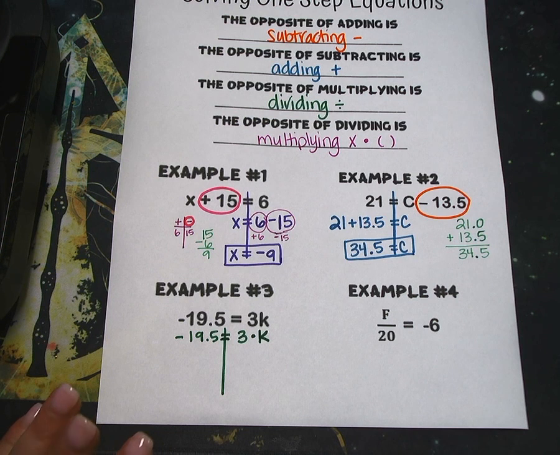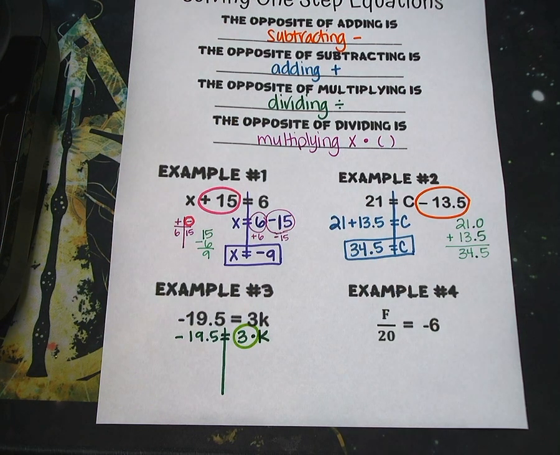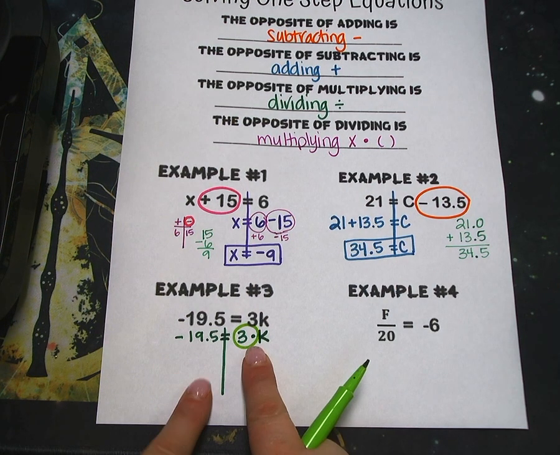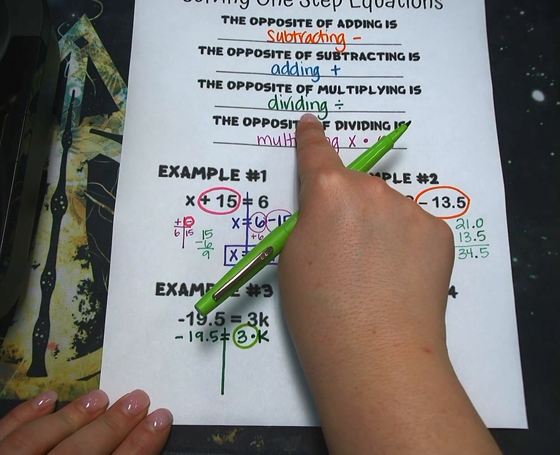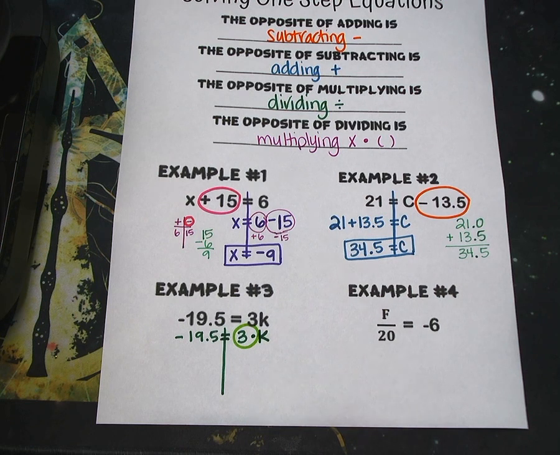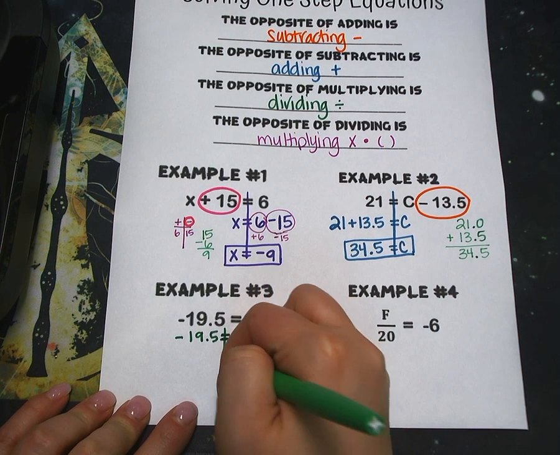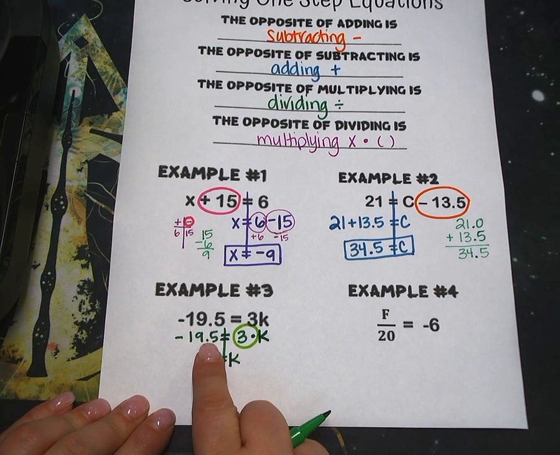So in this case, I have times 3. Okay? And what is the opposite of multiplying by 3? Well, that would be dividing by 3. So I'm going to rewrite my problem. Again, I'm going to write my variable by itself, and then I have my negative 19.5.